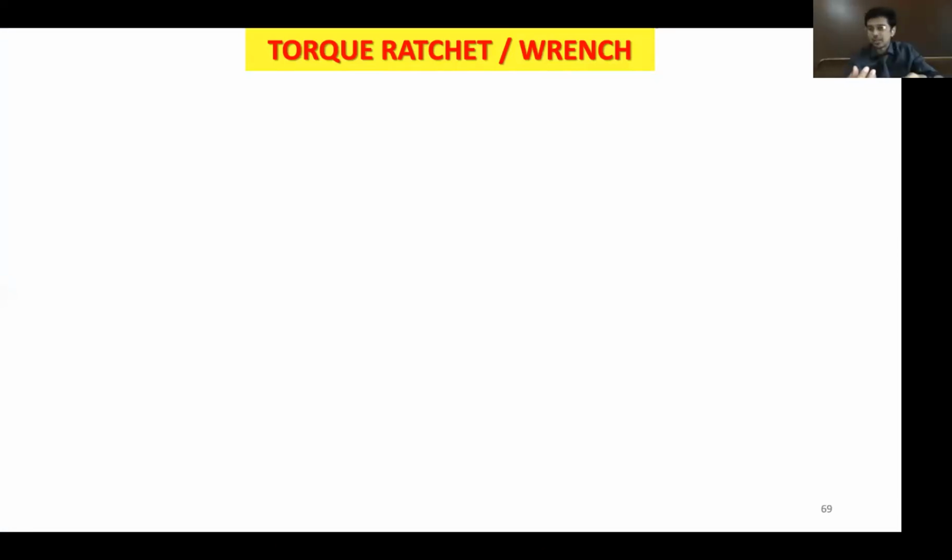Meaning, if we have to replace the punctured tire of our car, we rotate it like this, taking it out, then rotating it like this. That is a wrench. A ratchet, on the other hand, rotates in only one direction. Once you move it in the reverse direction, it won't get loosened. That is the meaning of the word ratchet. Ratchet is of two types.